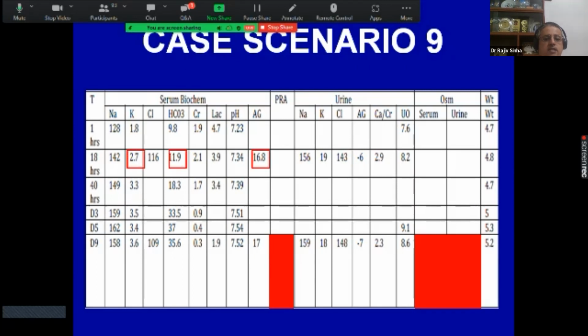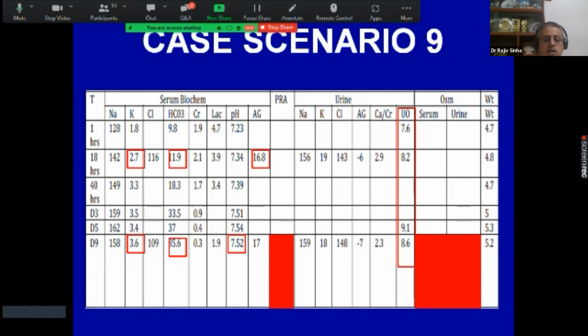Subsequently, as time progressed, the child went on to develop metabolic alkalosis. So from metabolic acidosis, the child slowly went on to develop metabolic alkalosis. Hypokalemia persisted, but then the sodium also went up. Throughout this, the child remained polyuric. So we were quite confused at this moment about what we were dealing with.